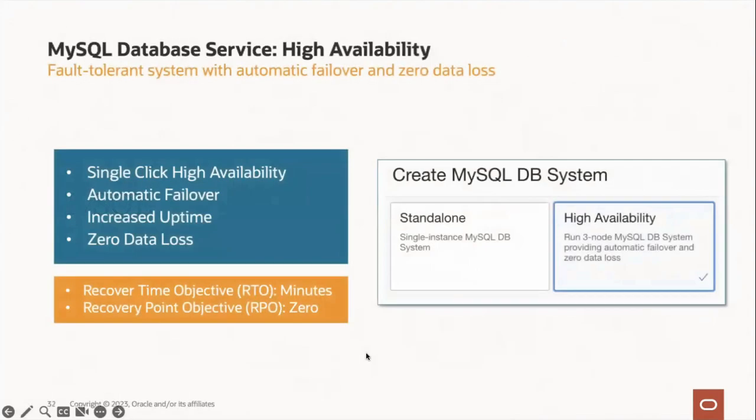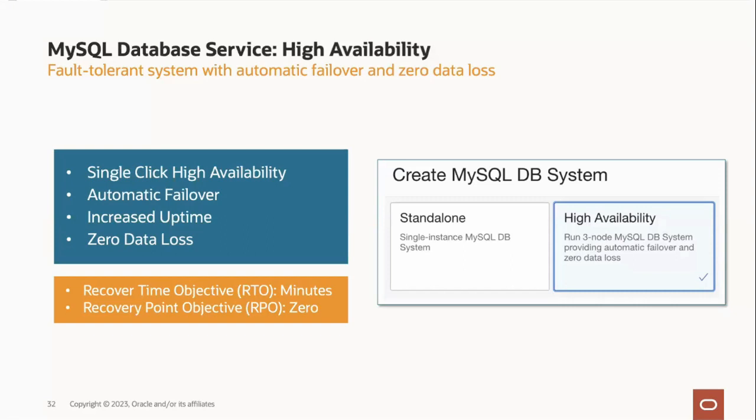Last thing we will take a look at in this presentation is the MySQL database option. The MySQL database is going to be the ability to provision a MySQL database system in Oracle Cloud.